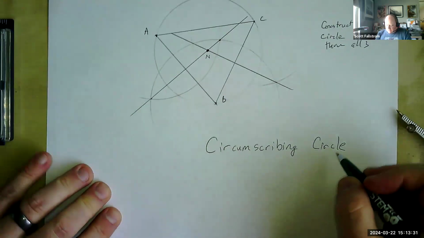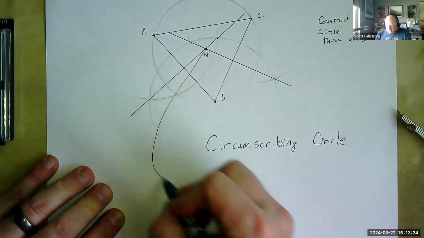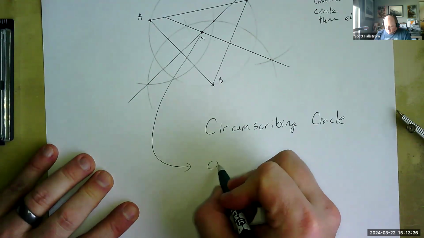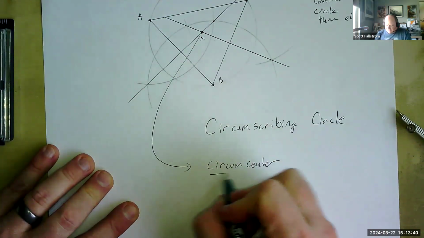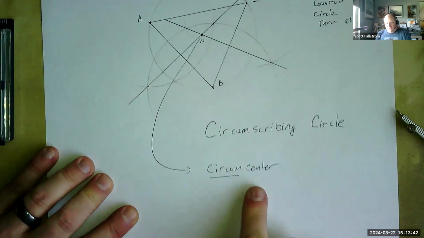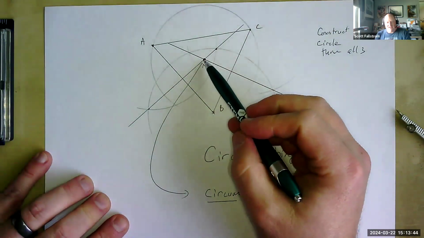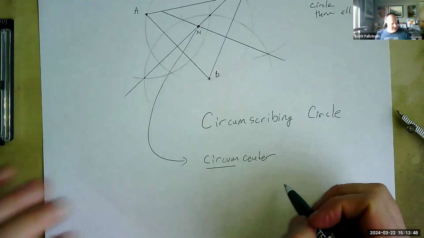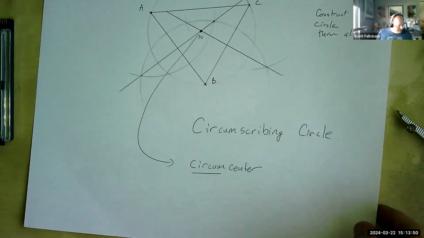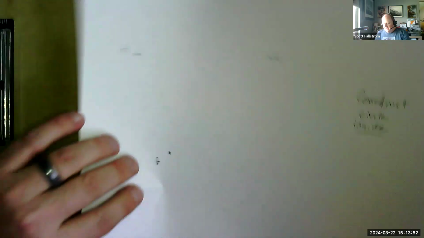So this is a circumscribing circle, and this point called N is called the circumcenter. So circum, which means around, and center, which means obviously the center. So this is the center of the circle that goes around. We'll see in a moment. We have a different one when we create angle bisectors.